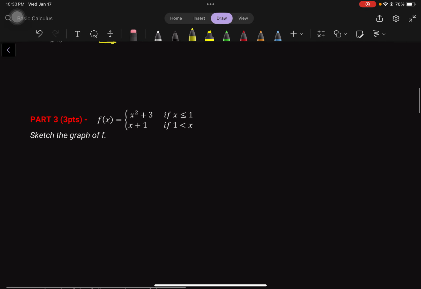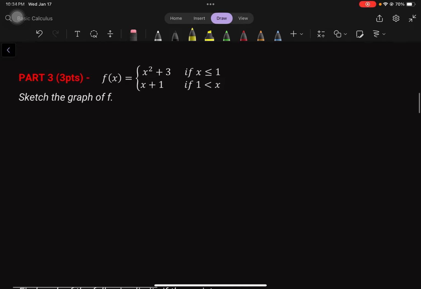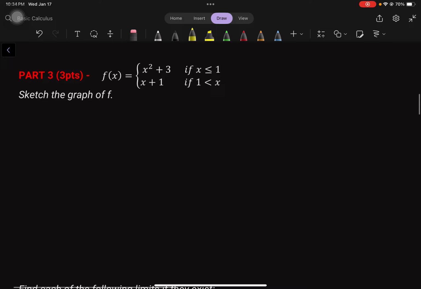So, for this part 3, let's recall sketching the graph. We have a piecewise function, which is, f of x is equal to x squared plus 3 if, anong gagawin natin? Kapag yung x daw ay less than or equal sa 1. Ibig sabihin, ang graph ng equation natin ay ito, once na yung value niya from x and y axis.